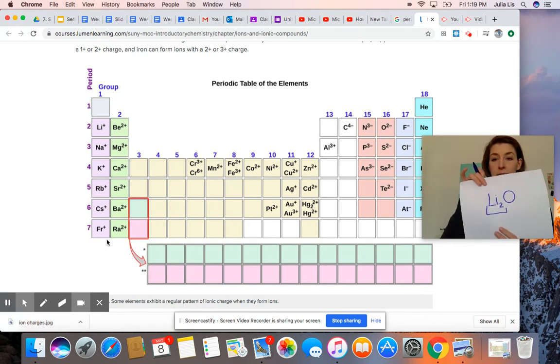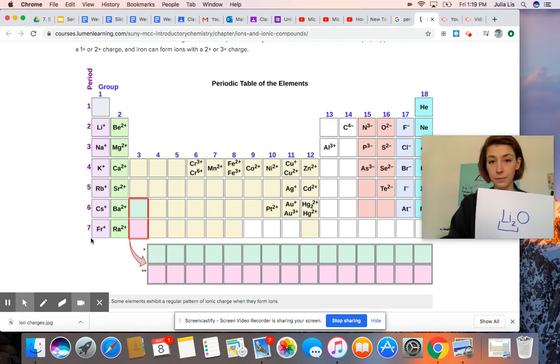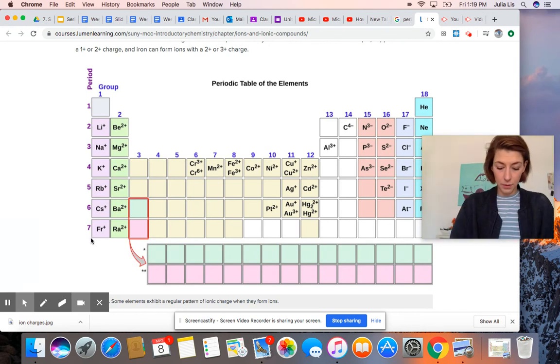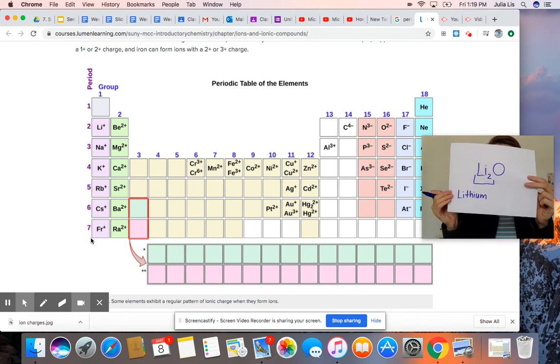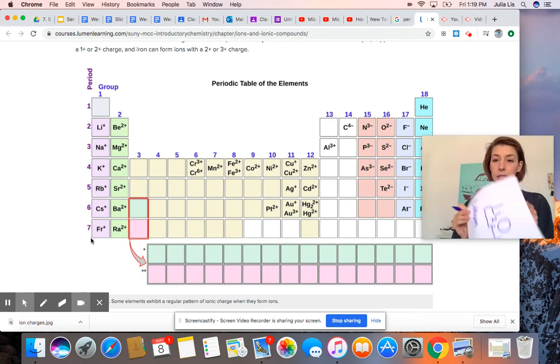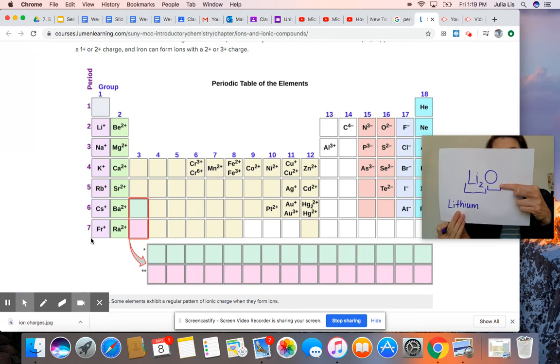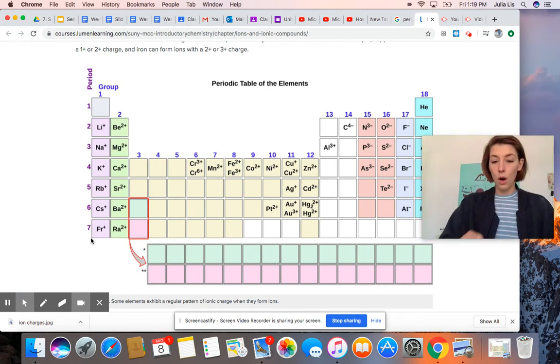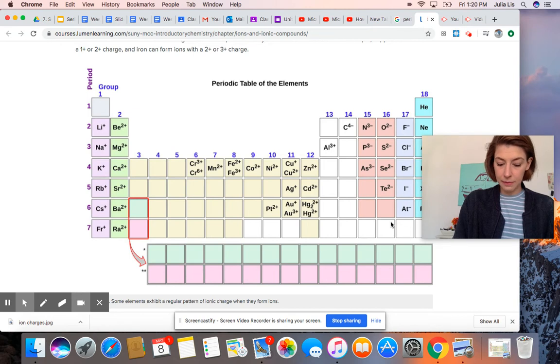So I'm going to find Li. It is a metal. It's in family number 1. And it's lithium. So I'm going to write out lithium. I'm not going to change anything about it. Then I'm going to find the name of the second element, O. O is a nonmetal in group family number 16, and it's oxygen. So I'm going to write oxygen.